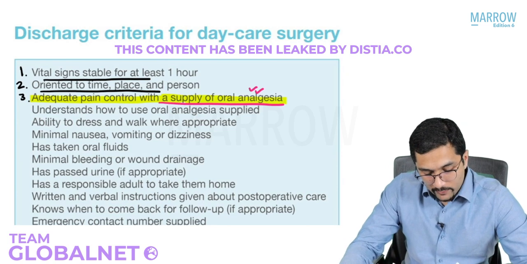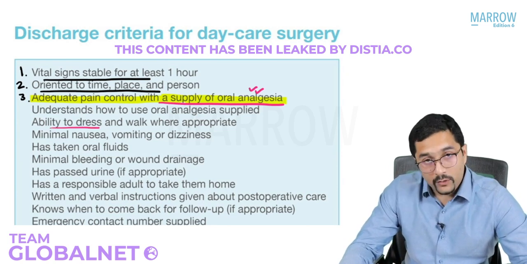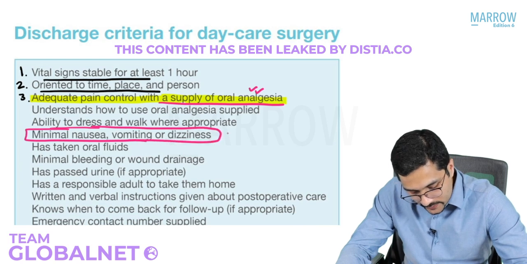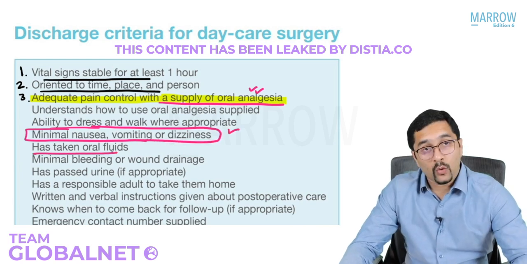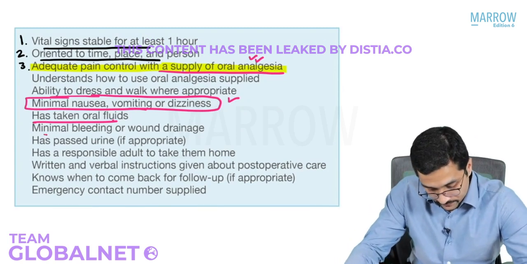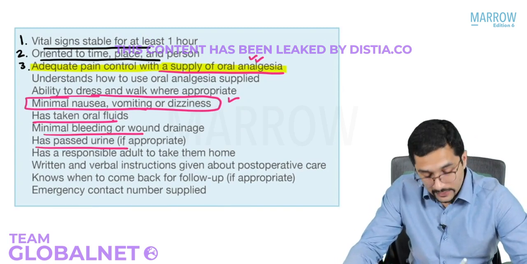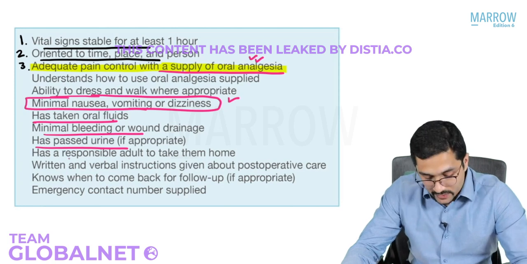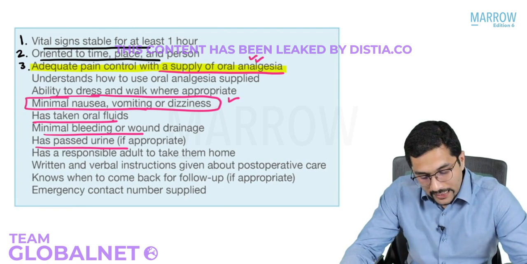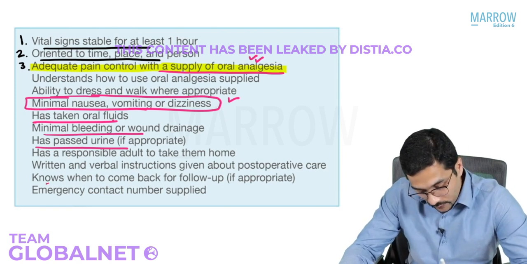Patient should be able to dress and walk where appropriate. There should be minimal nausea and vomiting and dizziness, very important. Has taken oral fluids. Okay, minimal soakage. Has passed urine. There is a responsible adult present with them, can read verbal and written instructions, and knows when to come back when appropriate.